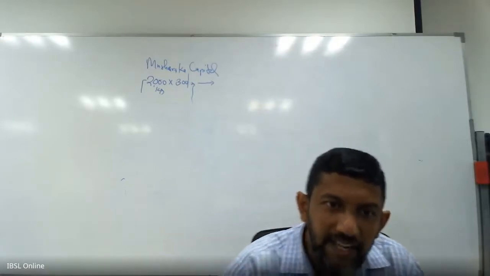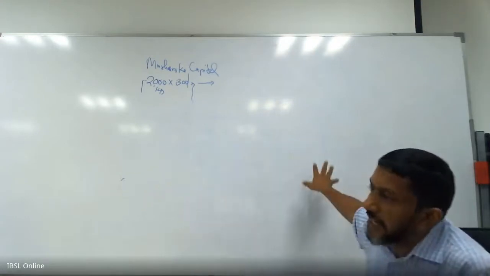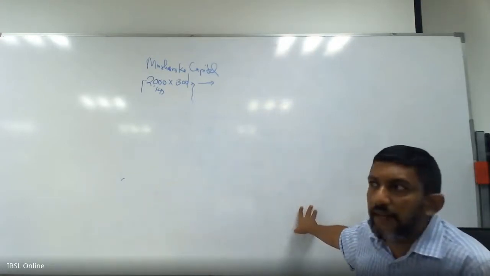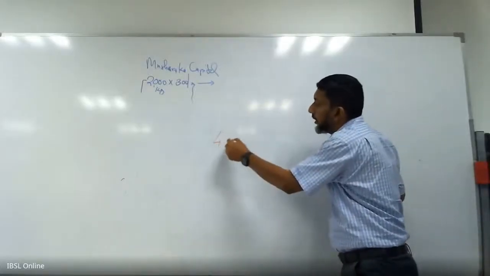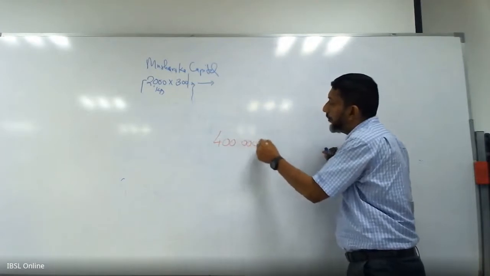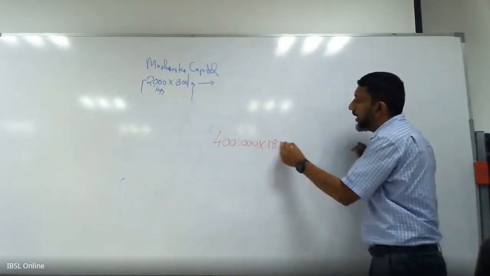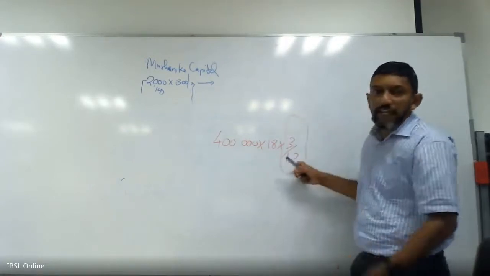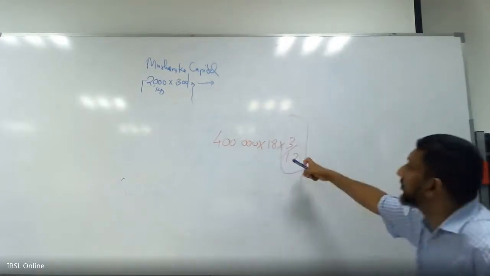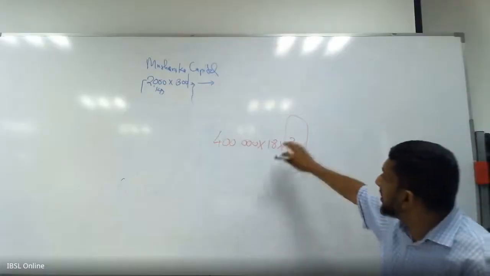The tenor we took when we calculated that 18,000: for 400,000, the 400,000 into whatever expected rate into 3/12. Now here we are taking the tenor, the time value, into consideration. Otherwise, this won't come.